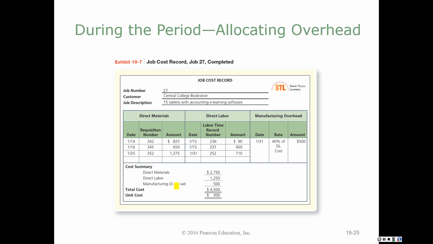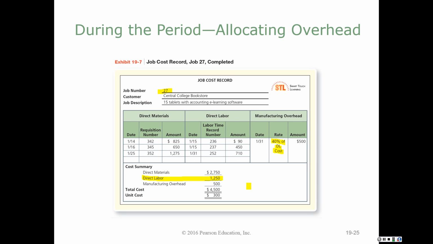through the year. Okay, so if we bring it back down just a little, once again, we're looking particularly at job number 27. And if we use this same 40% of direct labor cost that we saw in the prior illustration, if you'll look at our direct labor, our job cost sheet tells us that we spent $1,250 on labor.